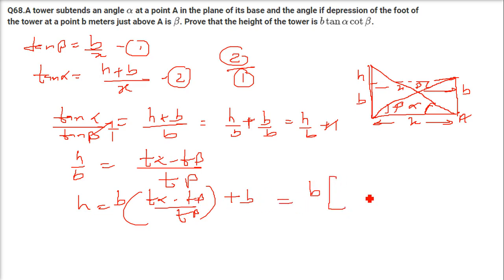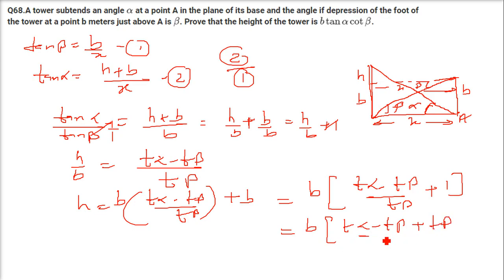This will be equal to, I'm taking B outside, tan alpha minus tan beta by tan beta plus 1. This is going to be B times tan alpha minus tan beta plus tan beta by tan beta. Tan beta gets cancelled, and this is going to be B tan alpha by tan beta.